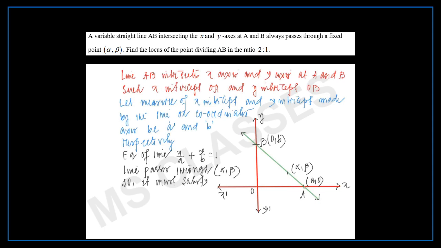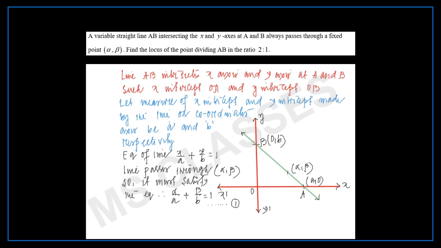Therefore, alpha by A plus beta by B equal to 1. Now this equation we represent by equation 1.